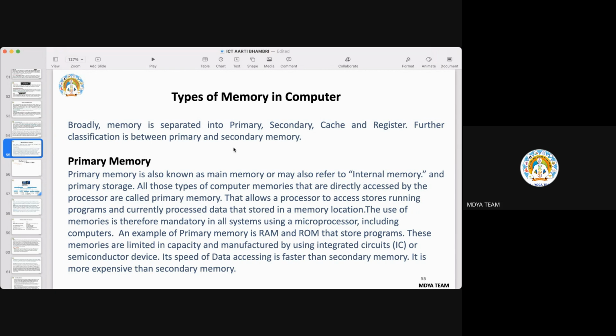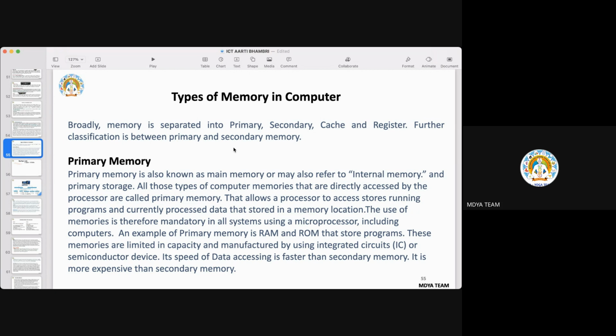And integrated circuits are again a semiconductor device. So its speed of data accessing is faster than secondary memory, because if it is slow, then the whole functioning of your computer is slowed down.